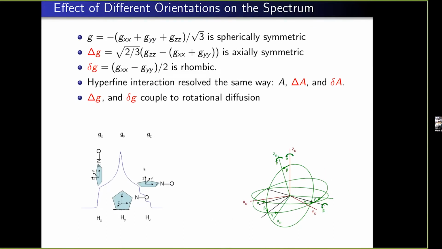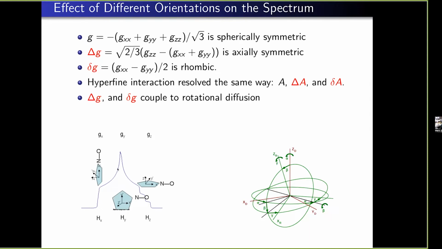Okay, so here's what a typical frozen system would look like if we were to just measure the absorption across the entire spectrum, where we have, say, a cohort of molecules where this NO fragment is aligned along the z-axis. Over here, we have what the spectrum would look like if we had a cohort of molecules whose z-axis is parallel to the applied magnetic field.